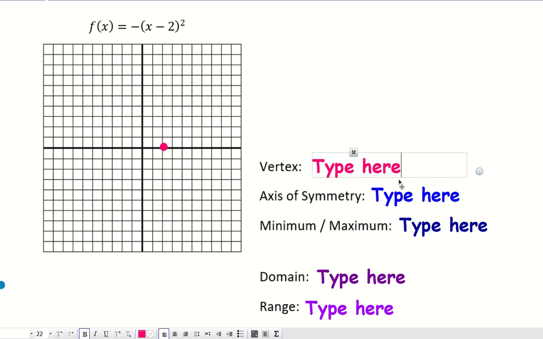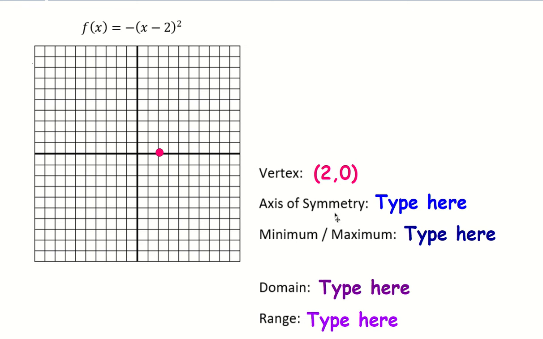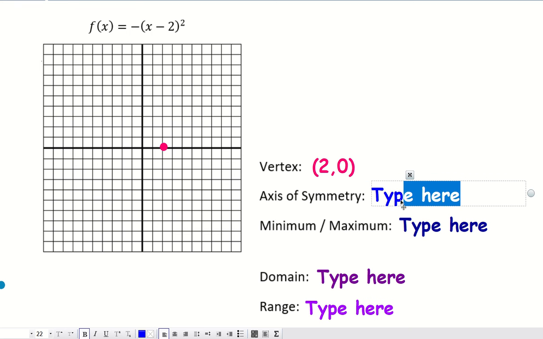Remember, technically, our h value is 2. x minus h squared, and then plus k. And so our k value is technically 0. So our vertex here is 2, 0 for this guy, which makes our axis of symmetry x equals 2.